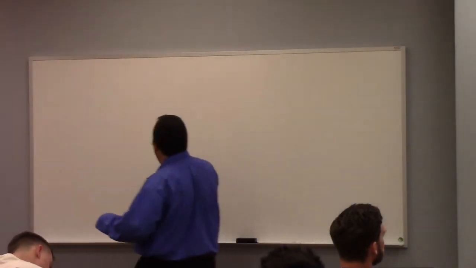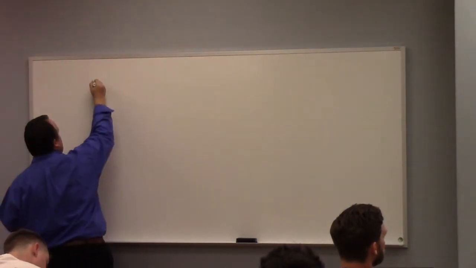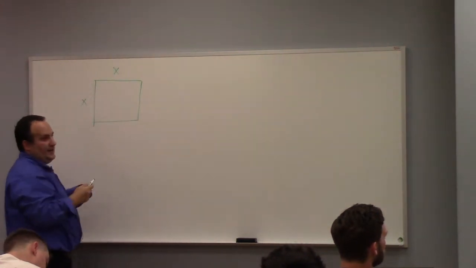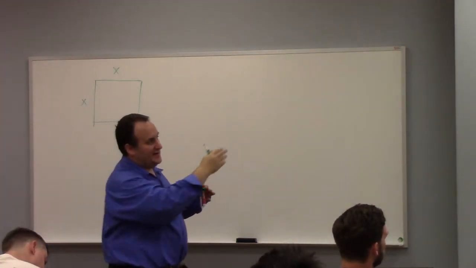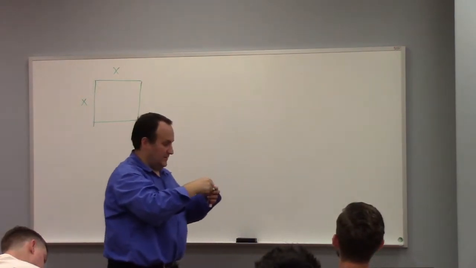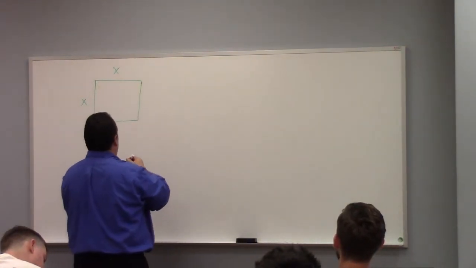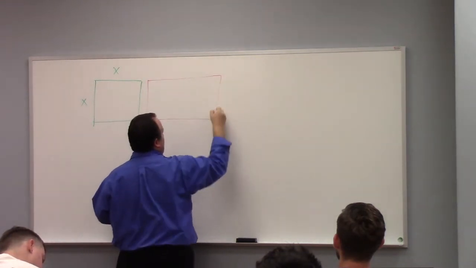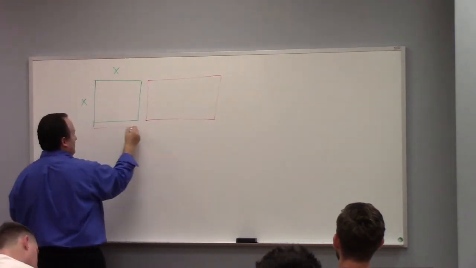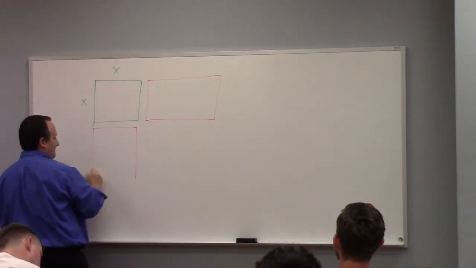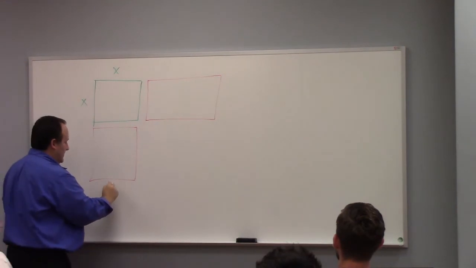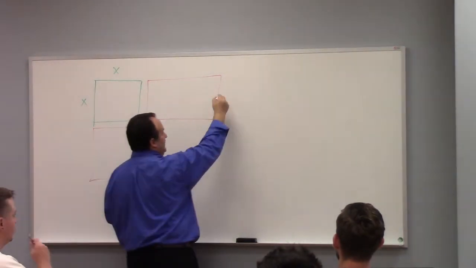All right, so this is x, right? Let me go ahead and cut that red box in two. If I take half of it, leave it there, and put the other half down here, like this, this would still be x, and this would still be x.